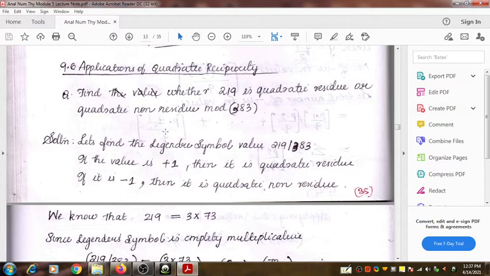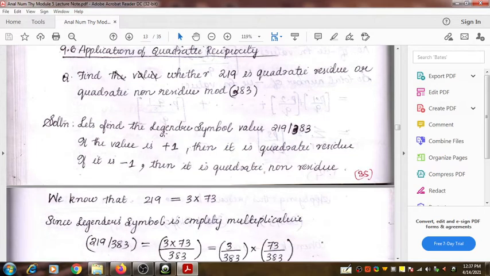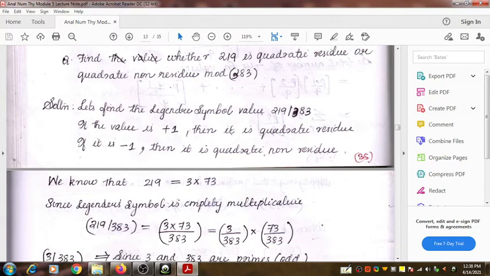You can answer this question very effectively if you know the value of the Legendre symbol (219 bar 383). If this value is equal to plus 1, then the answer is positive, which means 219 is a quadratic residue mod 383.